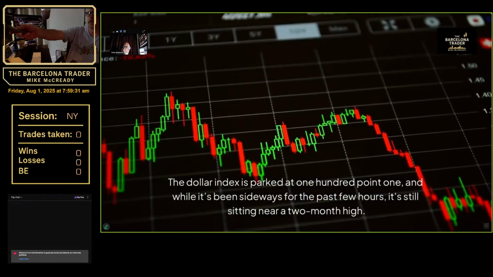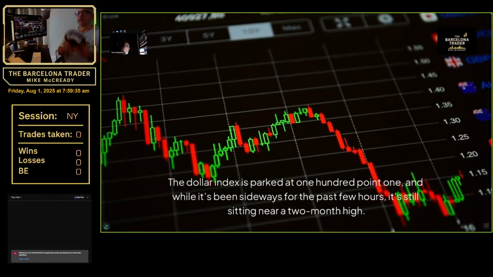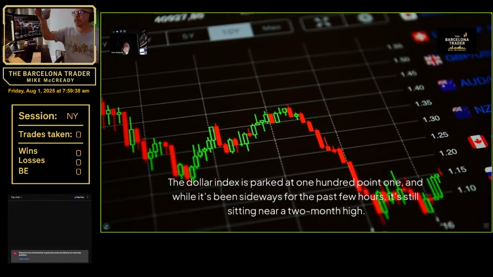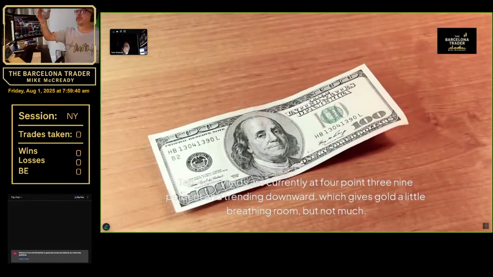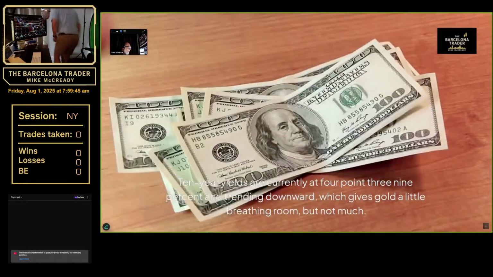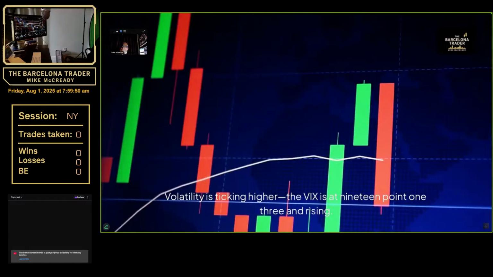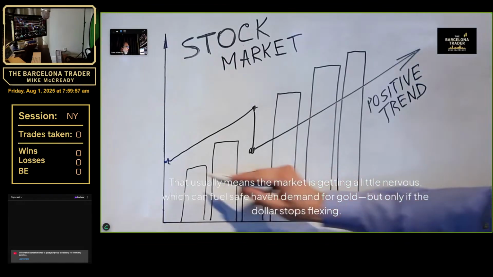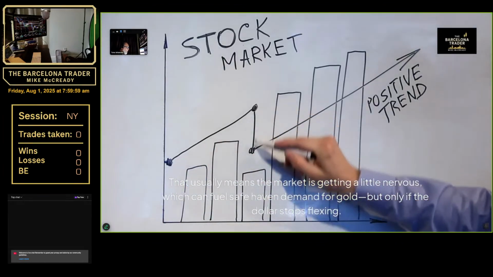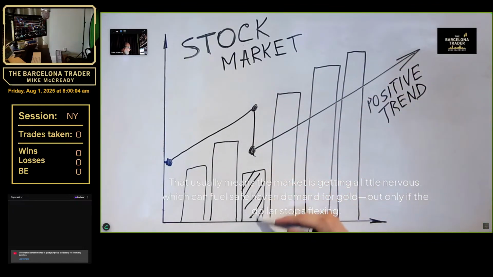The dollar index is parked at 100.1, and while it's been sideways for the past few hours, it's still sitting near a 2-month high. 10-year yields are currently at 4.39% and trending downward, which gives gold a little breathing room, but not much. Volatility is ticking higher. The VIX is at 19.13 and rising. That usually means the market is getting a little nervous, which can fuel safe haven demand for gold, but only if the dollar stops flexing.